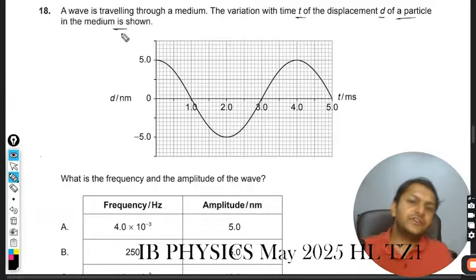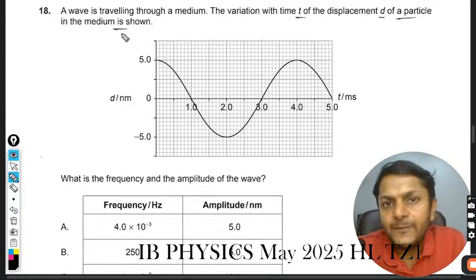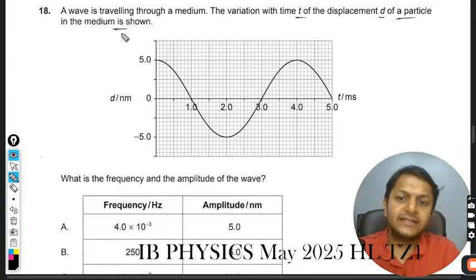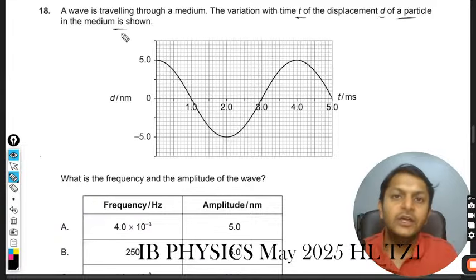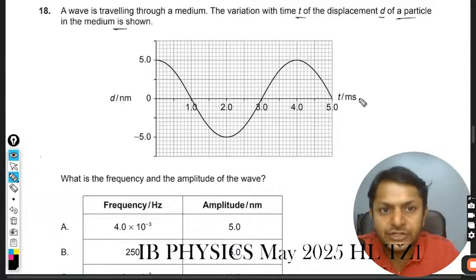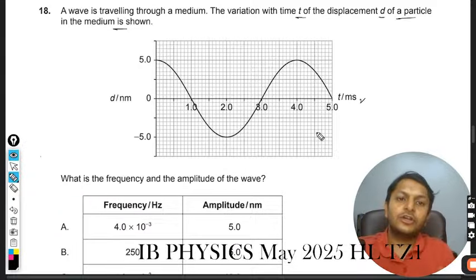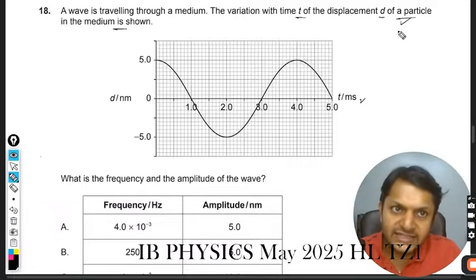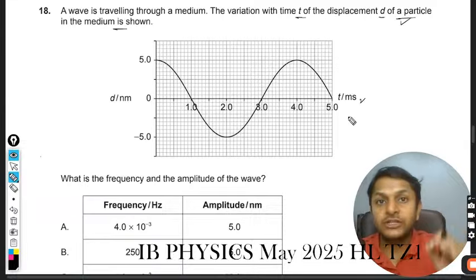So my dear students, first of all, I would like to clarify that whenever we are doing these kinds of questions and the graphs are given, we have to make sure whether it is time on the x-axis or x on the x-axis. For example, in this case, they are talking about one particle system, and they have time on the x-axis.